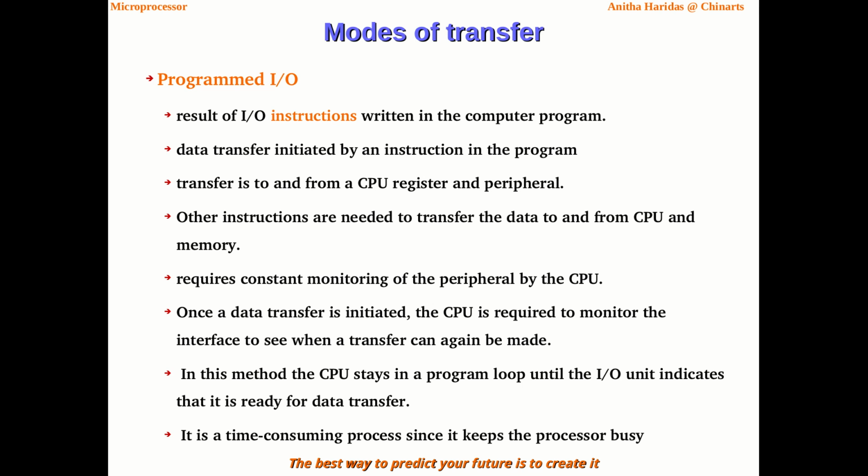The same way, for doing this status checking also, the CPU will be staying in a program loop, because it has to continuously monitor. So it is going to be in a program loop until the input output device indicates that it is ready for the data transfer. And not only that, this is going to be a time consuming process.